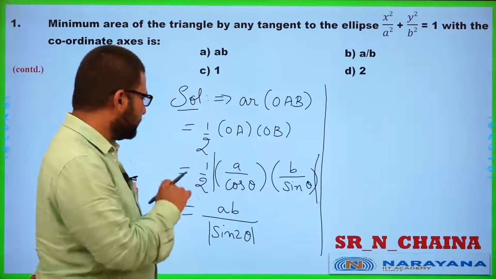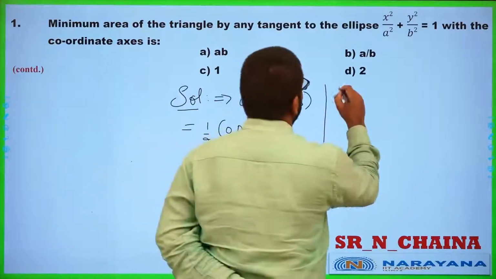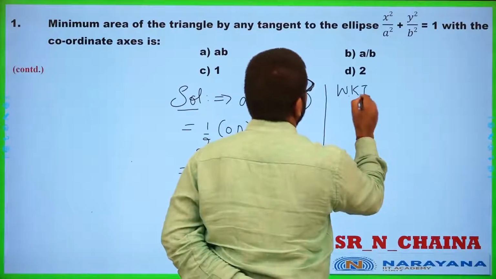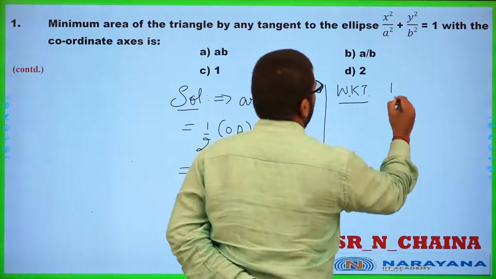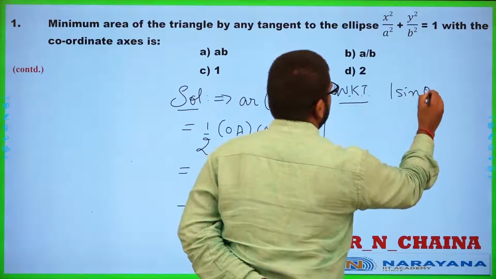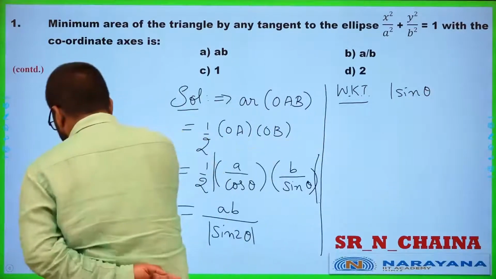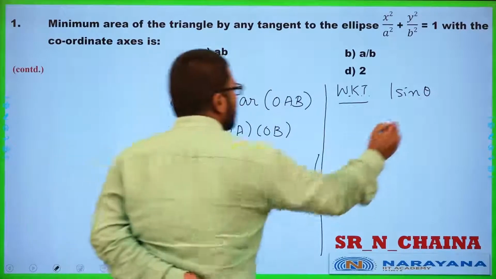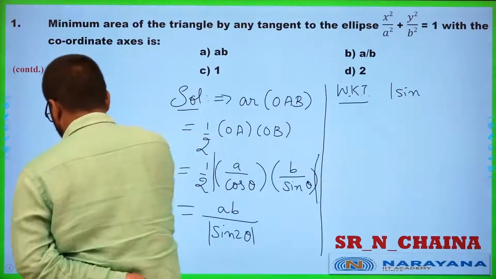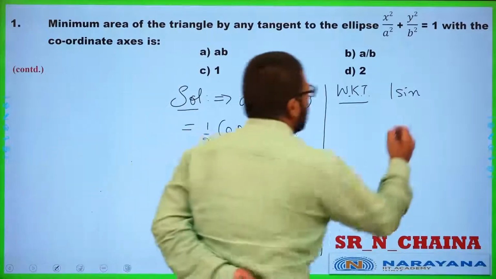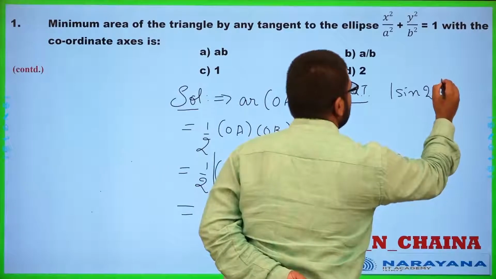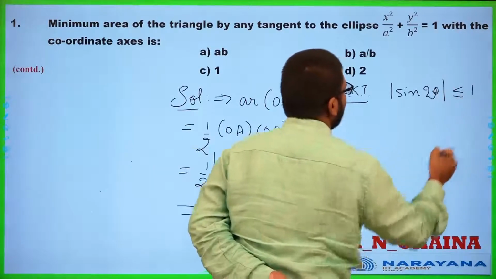Okay, so we know that the mod of sin 2 theta has a maximum value of 1, right?